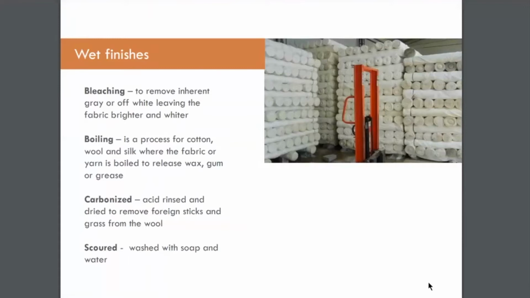The carbon literally eats away the sticks and the foreign substances and leaves the wool. So that's carbonized wool. And scouring is just a wet finish, as the term suggests, just washed with soap and water to clean that greige good before it goes to the conversion process.